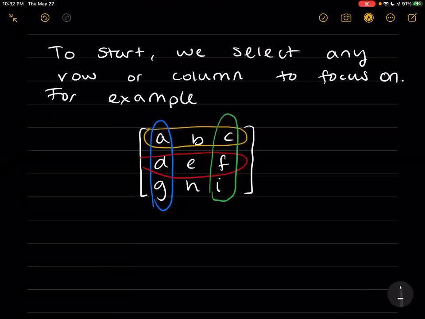I'm going to go ahead and explain the technique for what happens when you pick a row, and what happens when you pick a column. It's almost identical, just a little bit flipped.